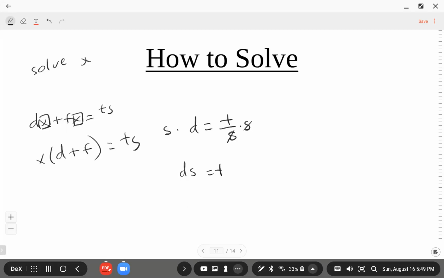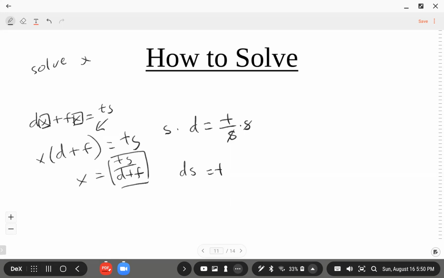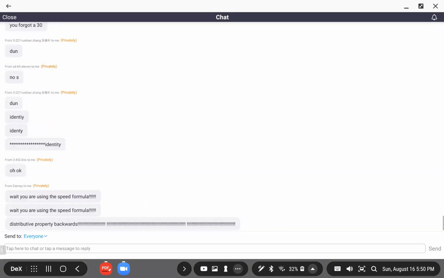This is much simpler, right? But we're not done yet. The next stage would be x equals ts divided by d plus f, right? Because we don't want this whole huge thing on the left-hand side. We just divide by the whole thing. And at last, we get this. So does everybody understand how we use factoring to solve this multivariable equation?